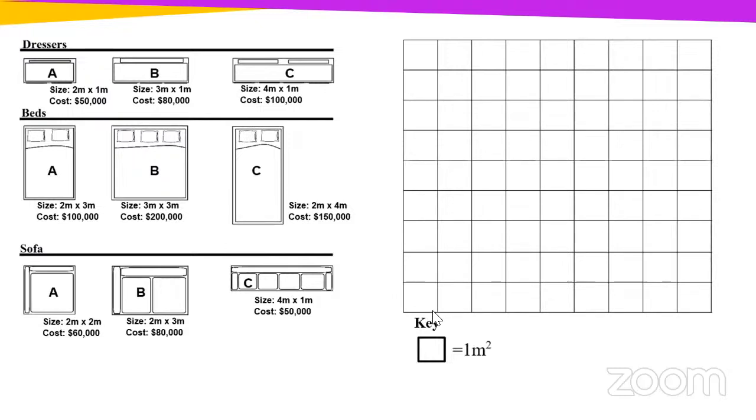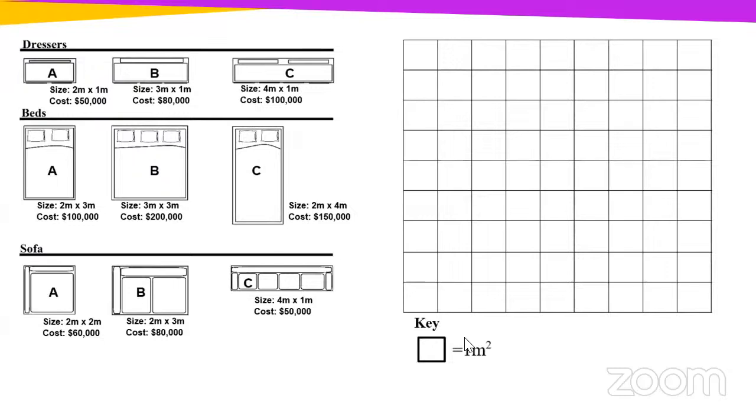Because each side of the square is 1 meter, the area of this square is actually 1 squared meter. So that is how we end up with one of the squares equal to 1 squared meter.